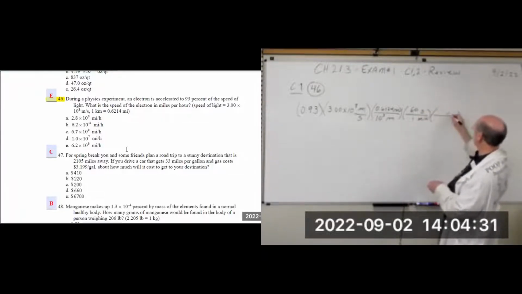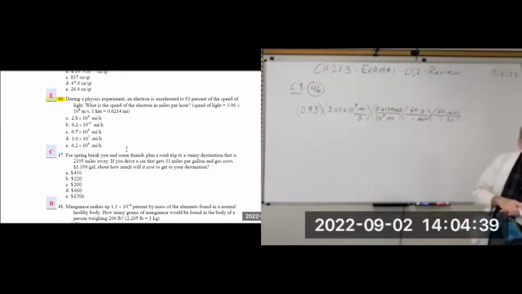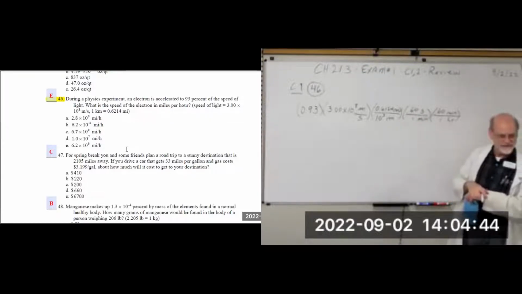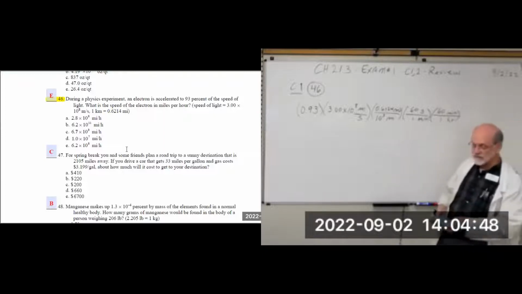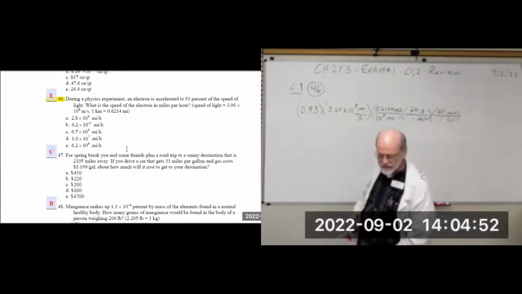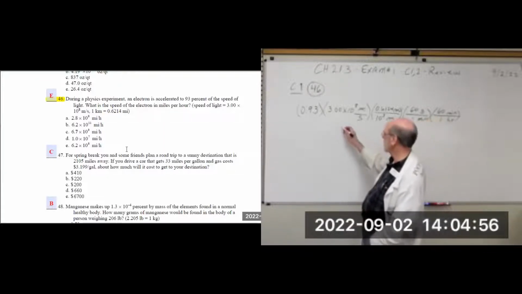And then we know now that minutes, hour, is also 60, right? So that gets rid of minutes. So if we knew in advance, we could have said 3,600 seconds per hour. Right? But we got it set up. All we have to do is crunch the numbers. And it should come out as 6.2 times 10 to the 8th miles per hour, which is E.